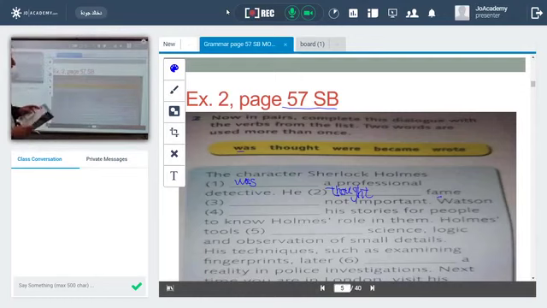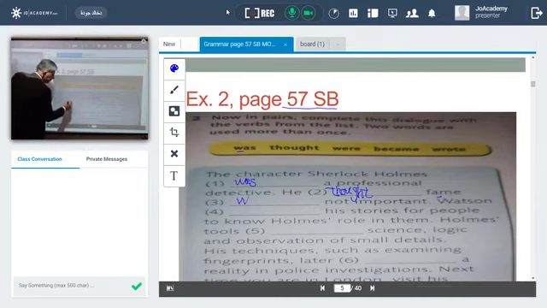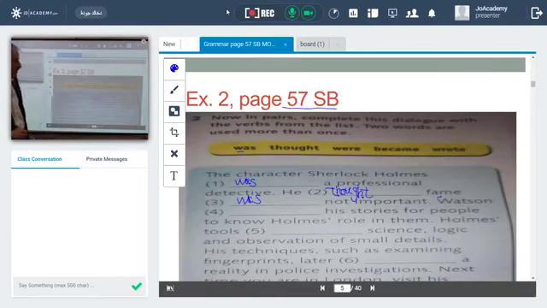So he thought that fame, shuhra, is not important. Okay? So fame is singular. So we will use was. Was not important. So he thought that fame wasn't important.